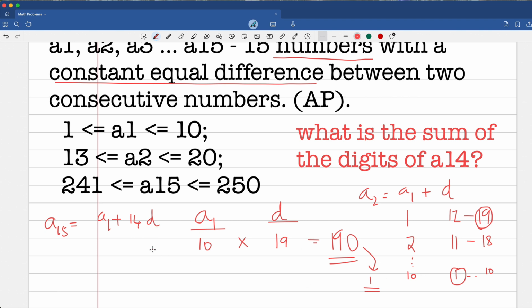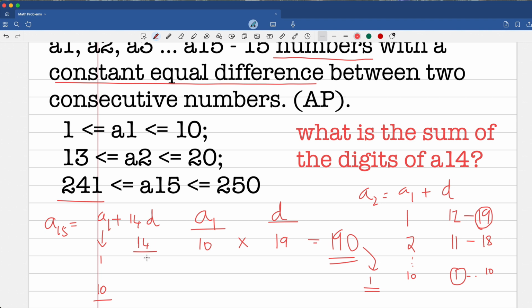Now, if D were anything like, you know the lowest for A1 is 1, and the highest for A1 is 10. Now, if D were the lowest, which is 1 here, which means 14D would just be 14. And even at the highest value of 10 plus 14 would be 24, nowhere near 241.